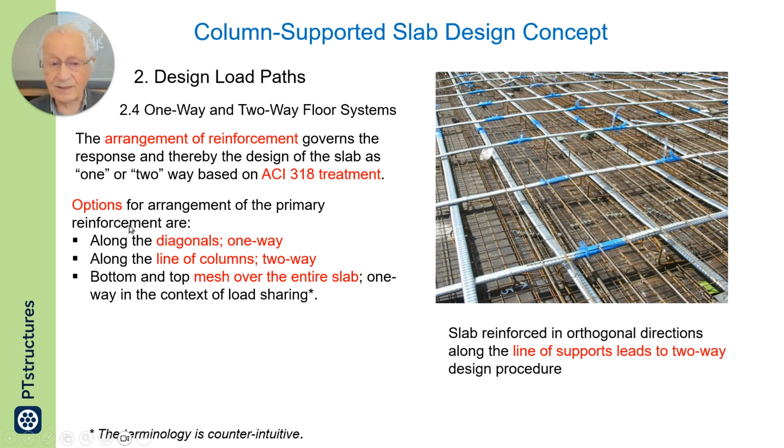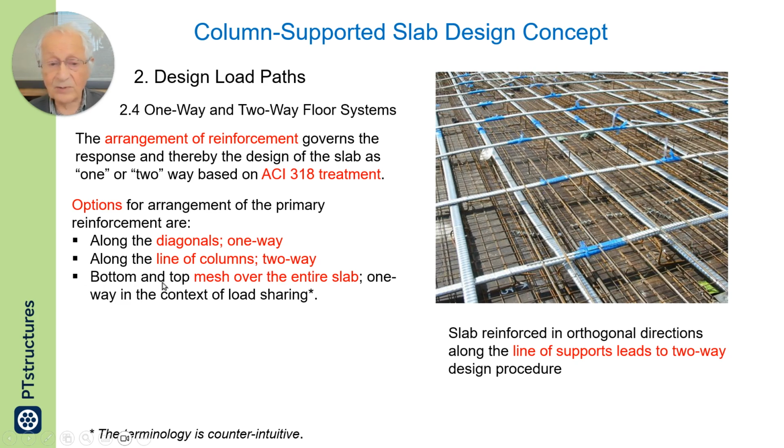The options for the arrangement of the primary reinforcement are: put it along the diagonal, that will be one way, and then you design it only once, or along the column lines, that is two ways, and then you have to design it two times.